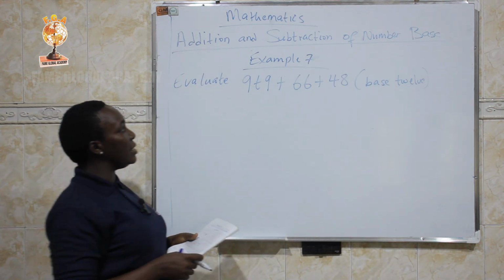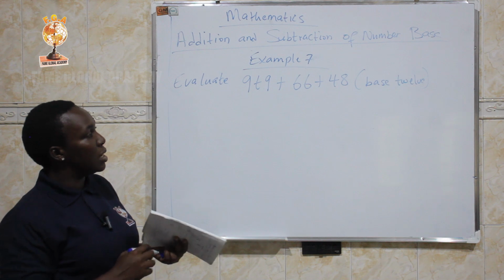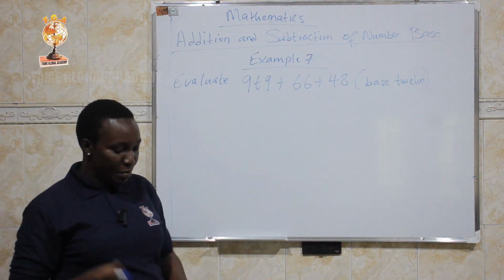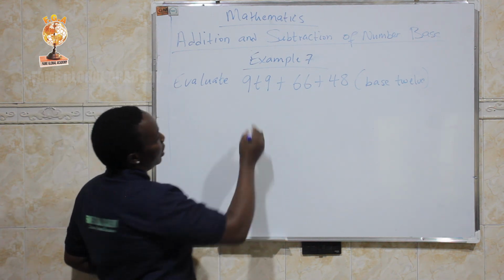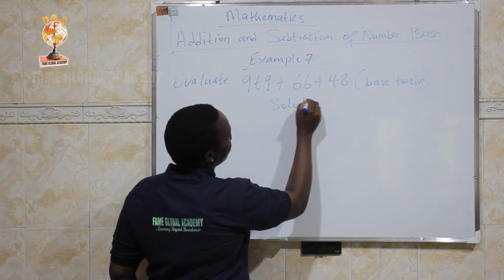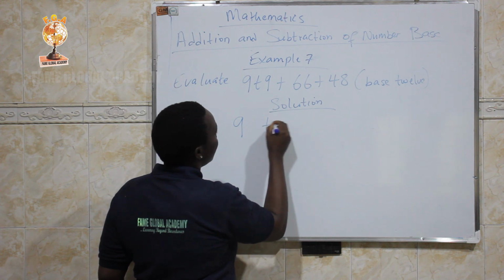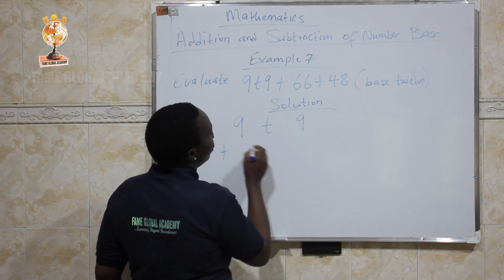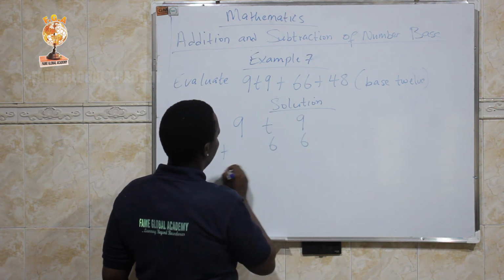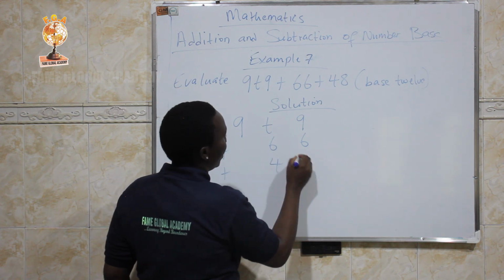Evaluate 99 plus 66 plus 48 in base 12. Okay, solution. We have 99 plus 66 plus 48.